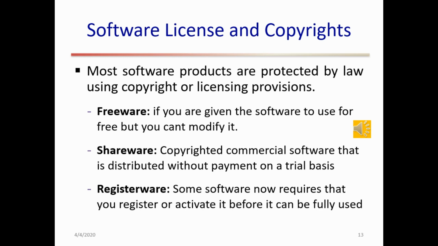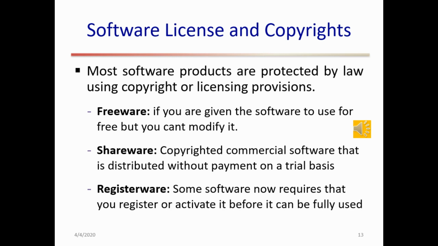So assume that you invented an idea for a new program and you write the code for this program, and by having a copyright for this program, you are preventing any other users from copying it and saying that it was invented by them. We will talk today about three main types of license.